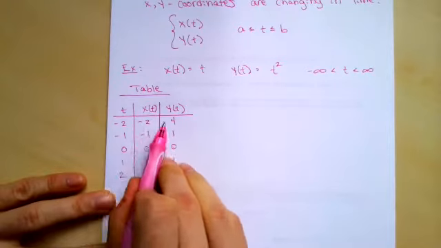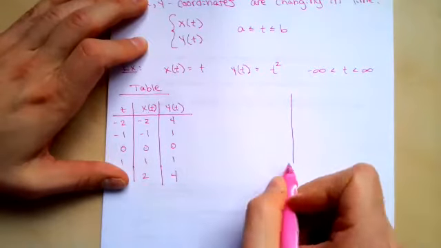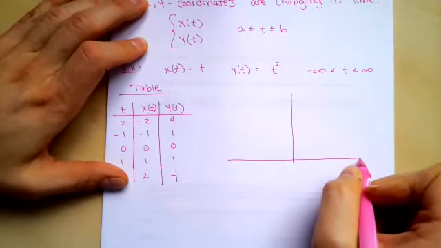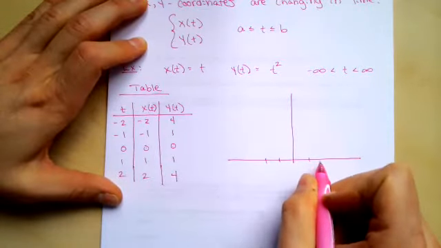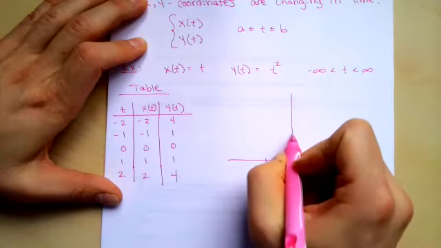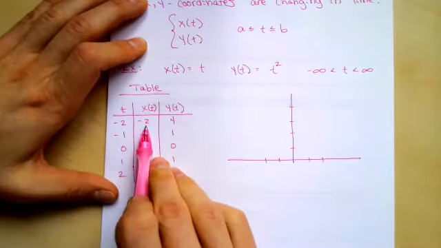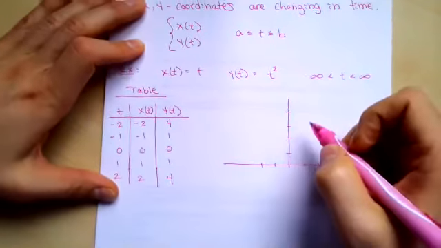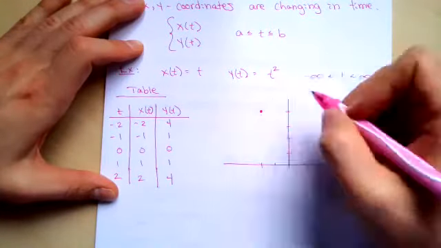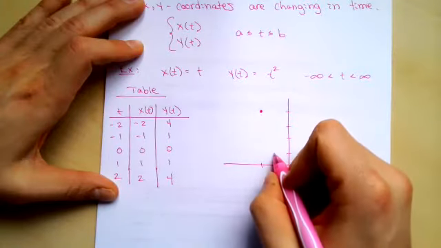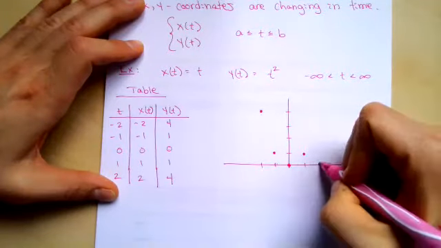And now my xy's, these are points. So if we were to draw it, let's try to get our axes as close to precise as I can. So at time -2, I am at the position -2, 4. I have the point -1, 1, 0, 0, 1, 1, and 2, 4.